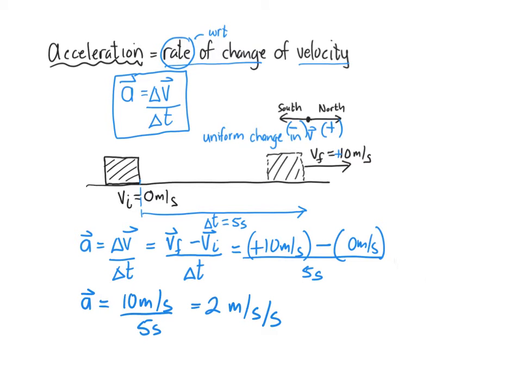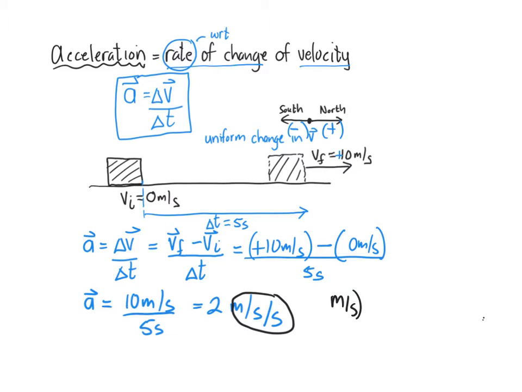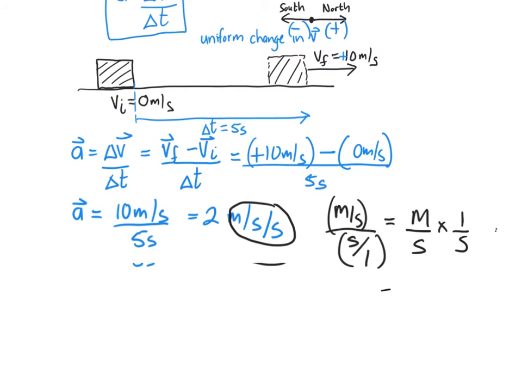Now, we need to neaten this up. Meters per second means dividing by seconds over 1. And if we divide a fraction by a fraction, we can tip and times. So this is meters per second times 1 over second, which is the same as saying meters times 1 is meter, second times second is second squared.